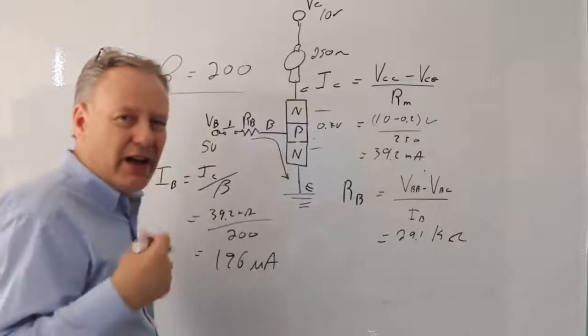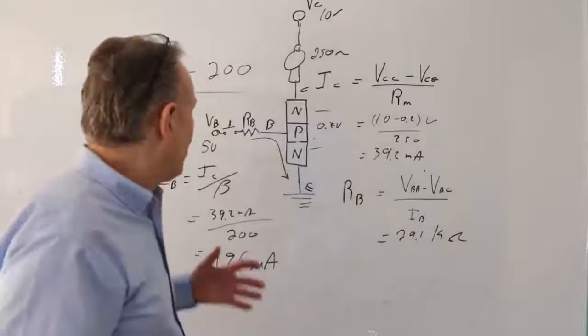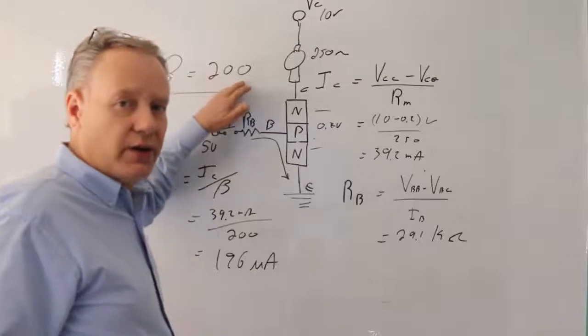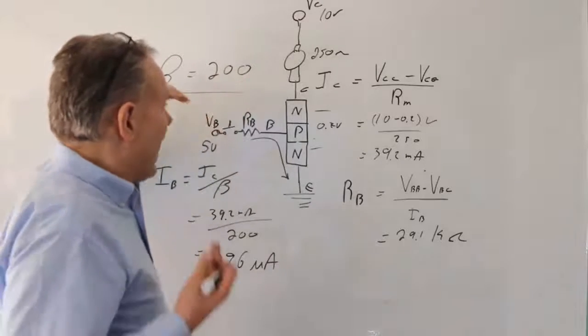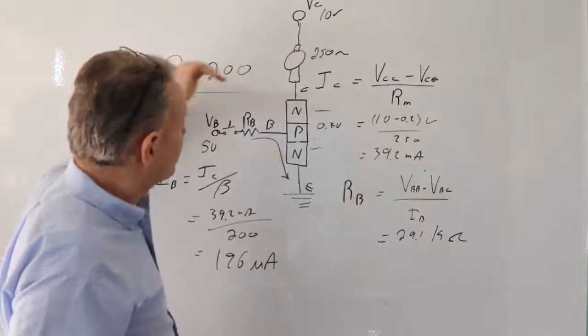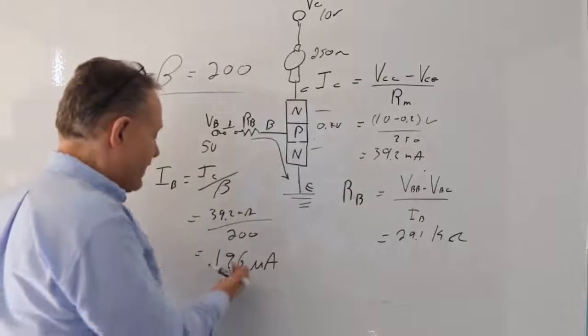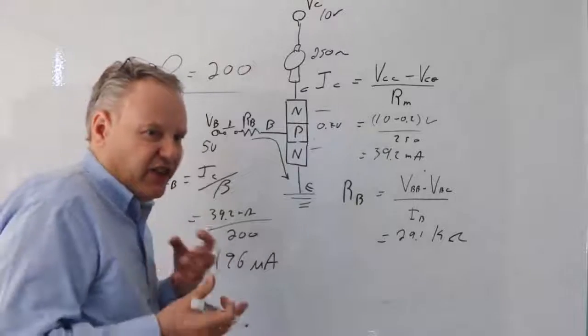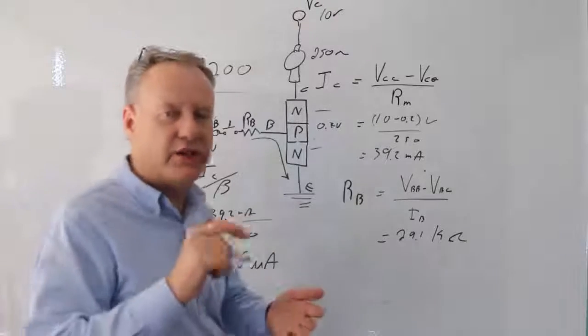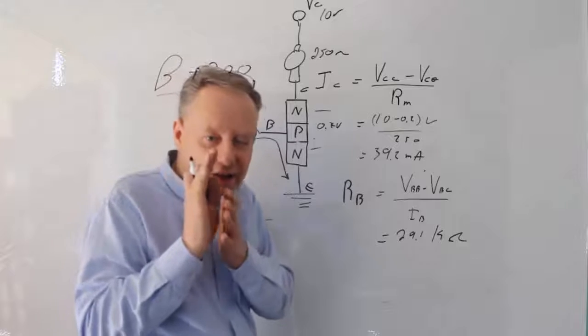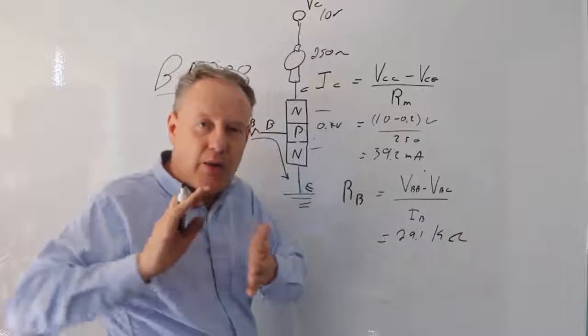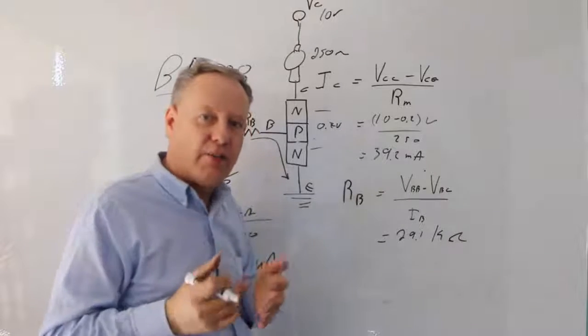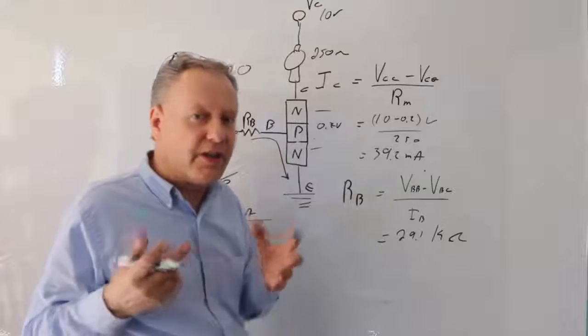But you know what? I'm going to overload it a little bit because although my gain is 200, if I actually get current going through here that's more than this, it's still okay. It's not only saturated, but it's like fully closed. It's almost like closing my transistor, if I give it just enough. But I want to close it a lot. So I'm pretty much going to double the current, or something even more than that.